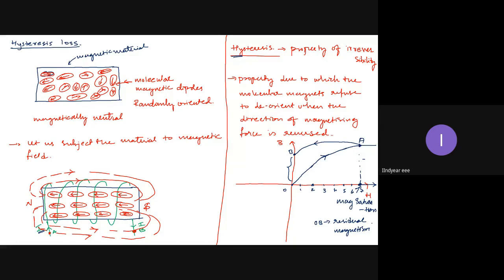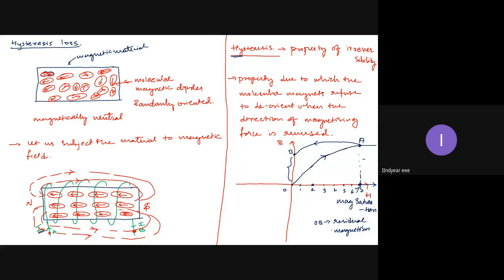Am I audible? Yes, sir. So this residual magnetism, you studied it in the DC separately excited generator characteristics last time. Residual magnetism is the amount of magnetism present in the magnetic material even when the magnetizing force is 0, or even when the magnetizing current is made 0.